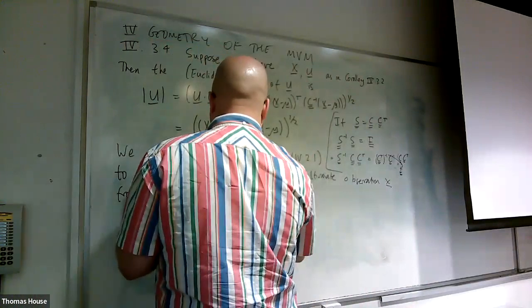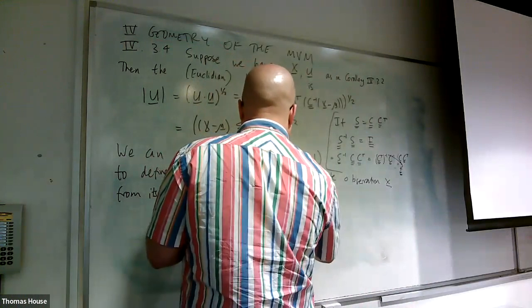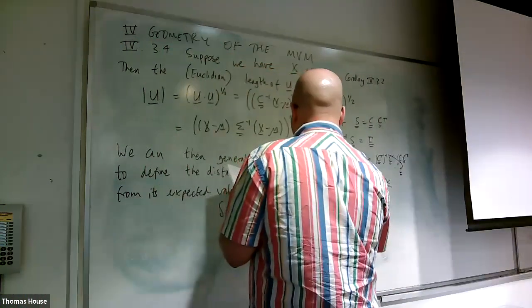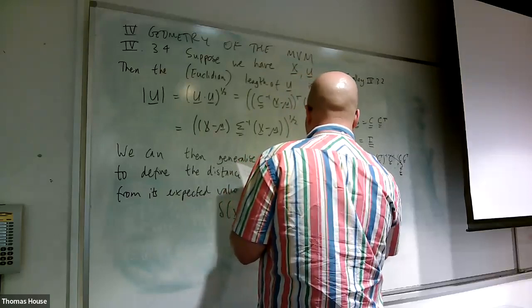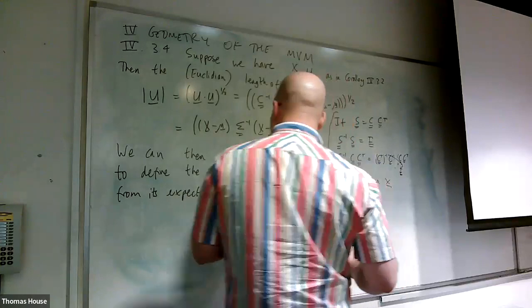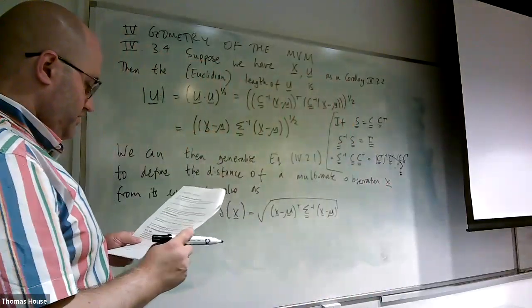This is the delta of X, which is going to be the square root of X minus the mean, transpose, times sigma inverse, times X minus the mean. This is called the Mahalanobis distance.